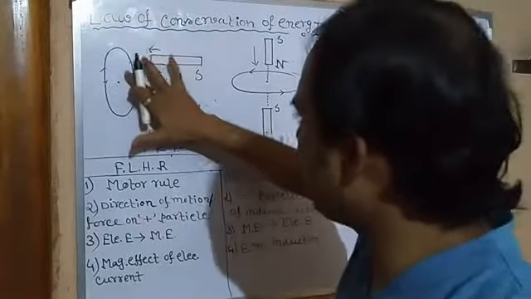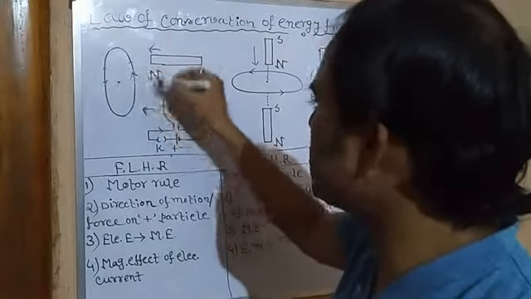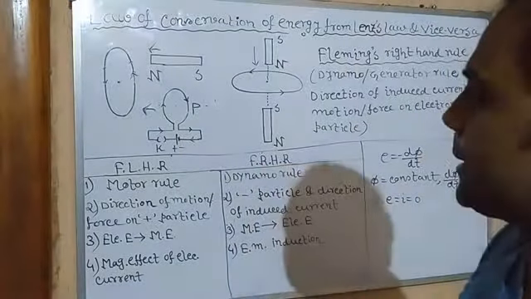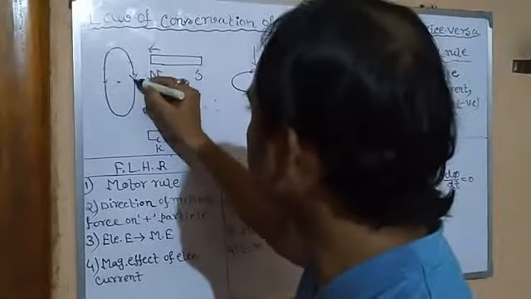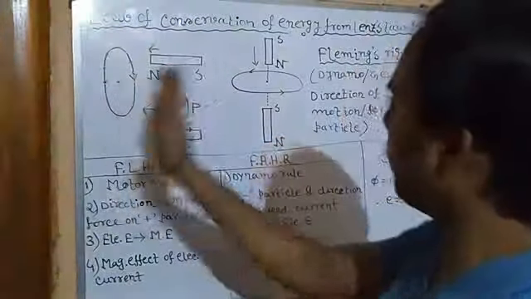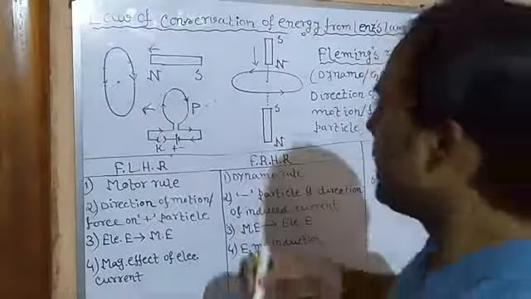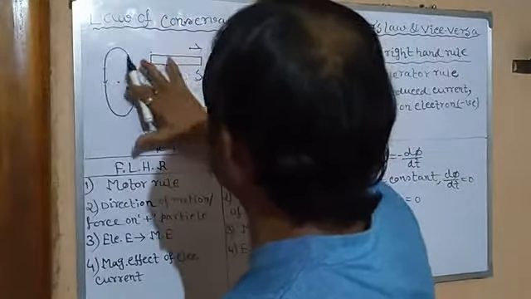So the direction of the current, according to Lenz's law, should be anti-clockwise to repel, but assume that it is not opposing, so in that case current will be in the opposite direction. So instead of repelling, it is attracting, and when it moves away, instead of attracting, it is repelling.